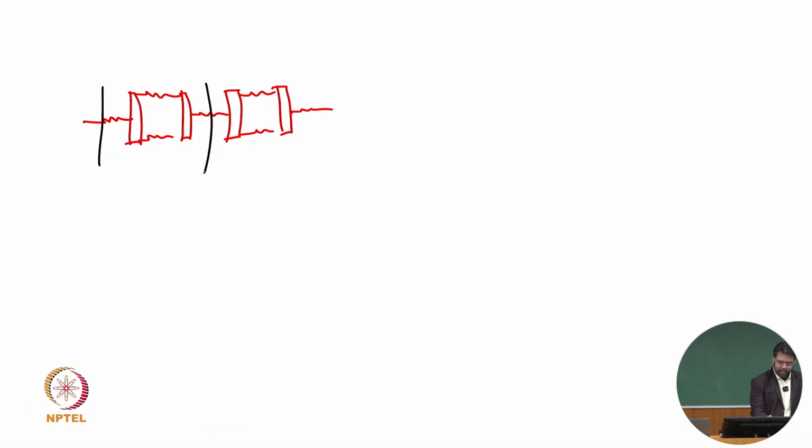If I cut it like this, what will I say? It's monocoupled. If I cut it like this, suppose A dash, B dash. If I cut at A dash, then definitely as per the definition, I should say that is a monocoupled system. But if I cut at B dash, is it monocoupled or not monocoupled?